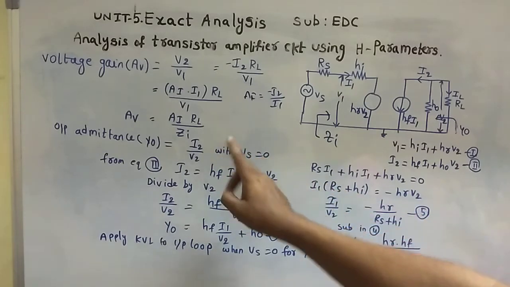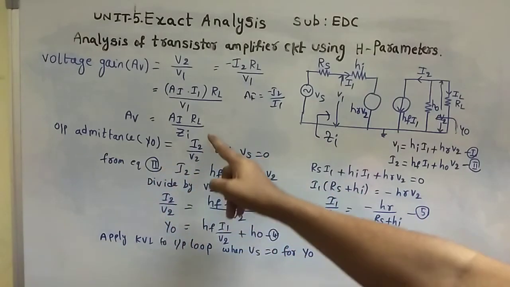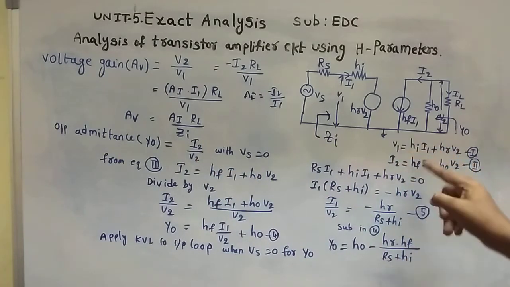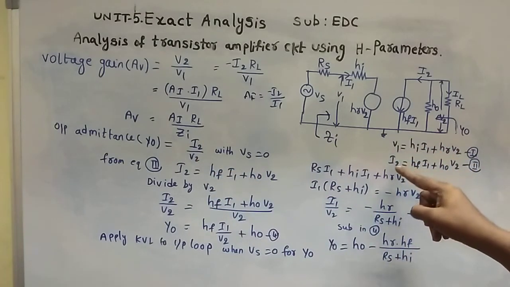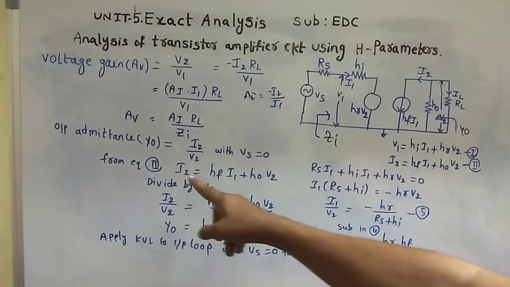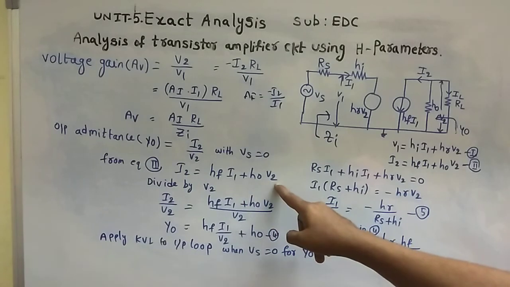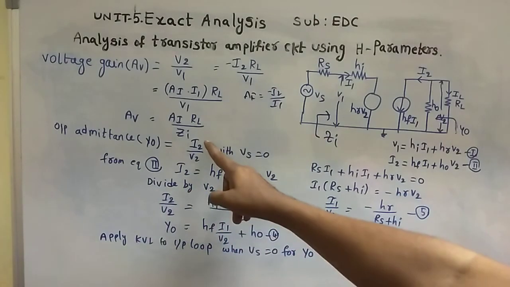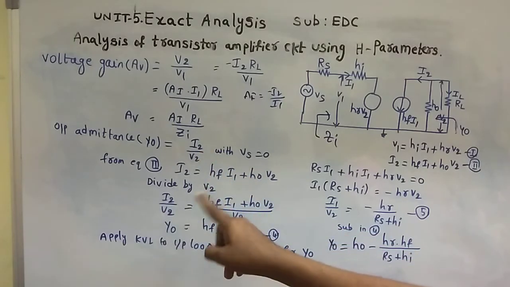Then I2 by V2 from equation 2. Why? Because here we have I2 and V2 terms. If you observe the H parameter equations, we have V1 and I2, so the second equation we are taking, because we have I2. From the second equation, I2 is equal to hf into I1 plus ho into V2. Divide both sides by V2, because we want I2 by V2.